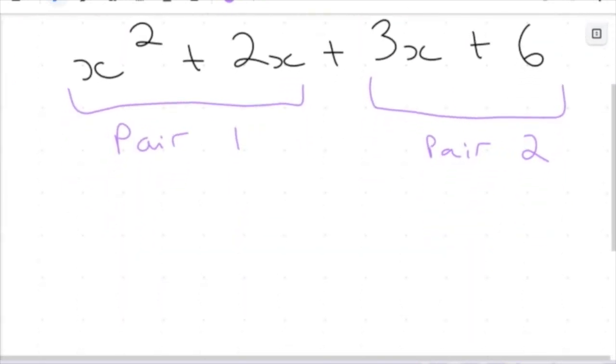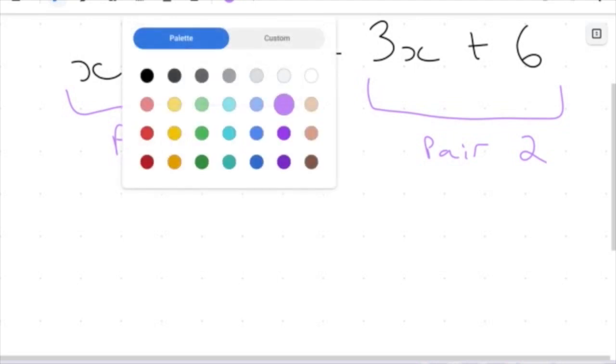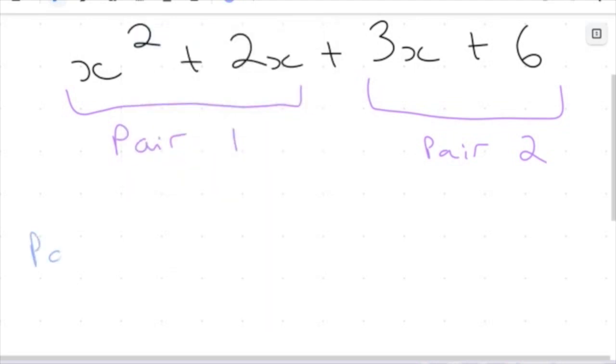Okay, so let's think about pair one first. Pair one is x squared plus 2x. Is there anything we can do to factorize this? Well, I can think of one thing. We can see there's an x in both of these terms, so we can pull it out as a common factor. So we're going to have x here.